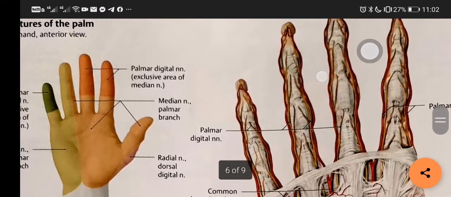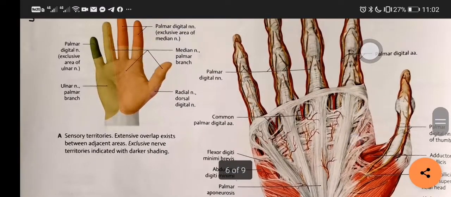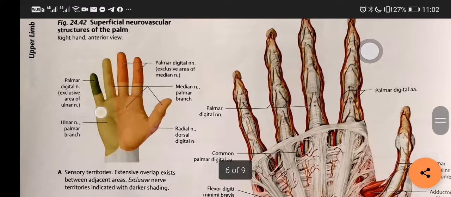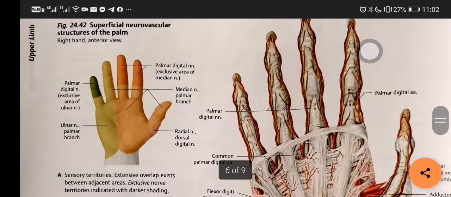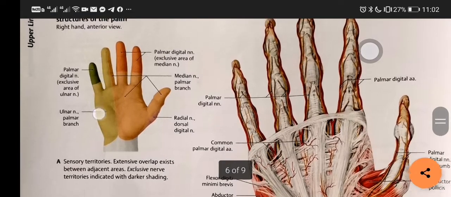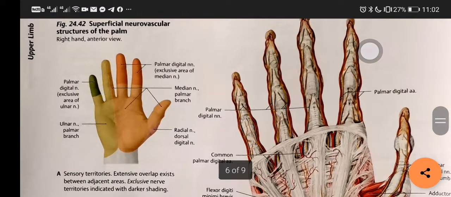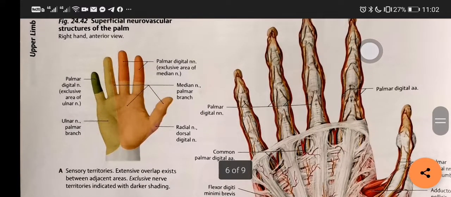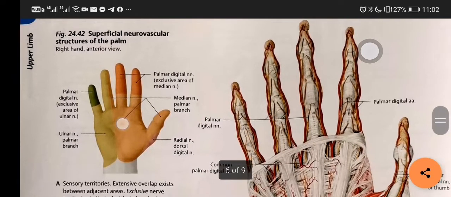If you look at your hand, your ulnar nerve supplies 1.5 parts of the palm surface of your hand, and the median nerve supplies the lateral 3.5 parts of your hand.